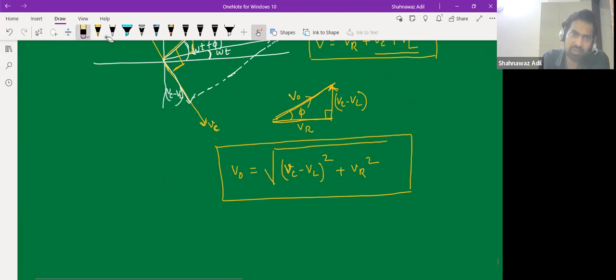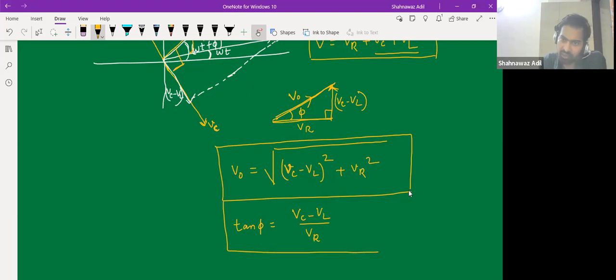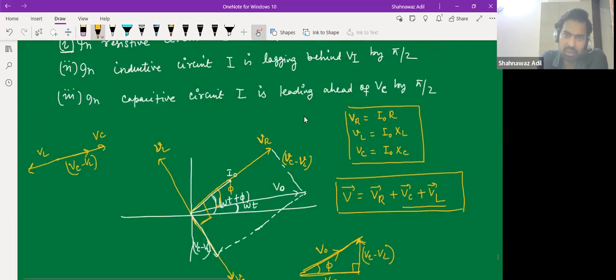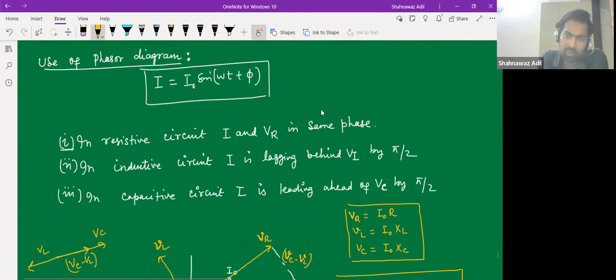My tan phi would be VC minus VL, perpendicular upon base. Any confusion up to this point? I can explain it again if you want. Whenever you have any confusion, please ask me, Aisha.